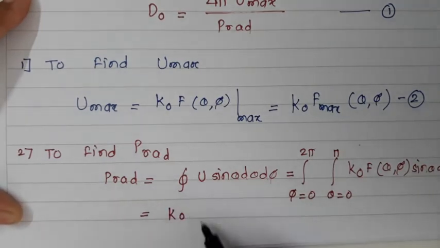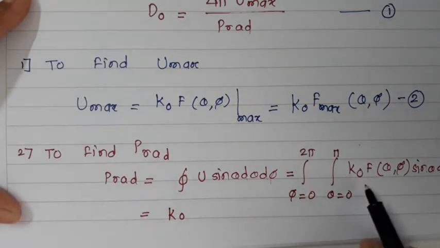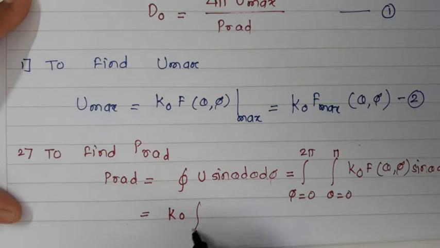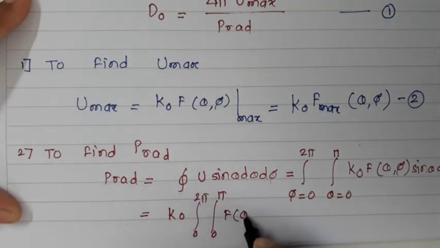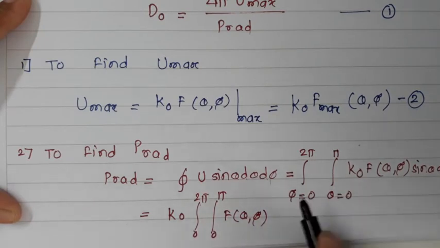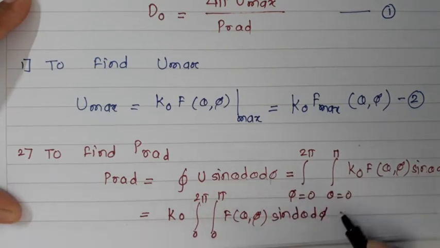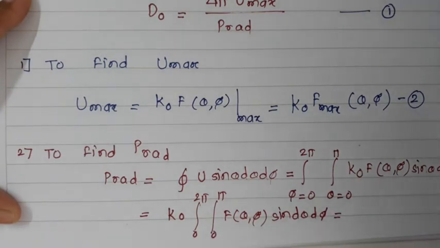Here I have put in the value of that U, the radiation intensity. So this becomes 0 to 2π, 0 to π, F(θ, φ) sin θ dθ dφ. I'll denote this as equation number 3.